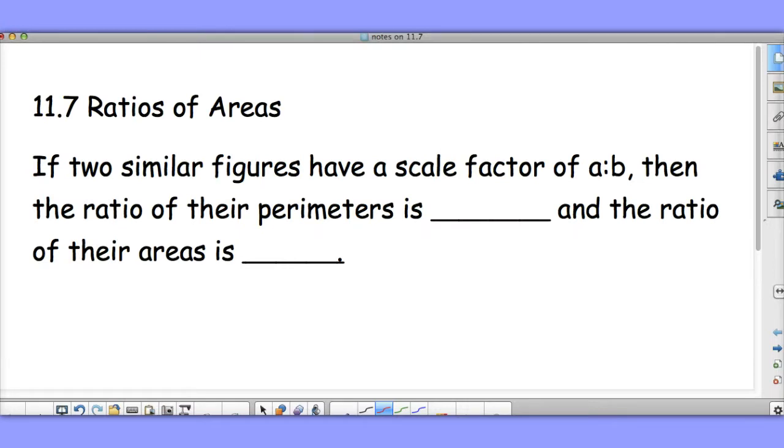If two figures are similar and they have a scale factor of A to B, then what's the ratio of the perimeters? Well, the ratio of the perimeters would be the same as the scale factor. The ratio of the areas, however, is A squared to B squared.